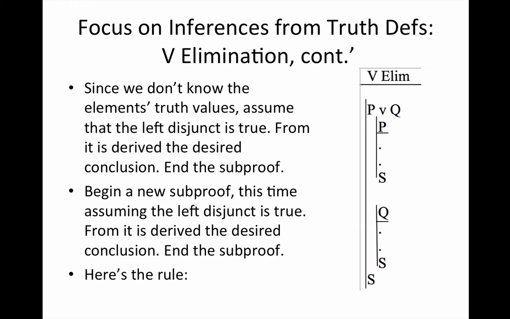Since we don't know which of the three ways the disjunction is true, we go ahead and assume the left side of the disjunction, derive the desired conclusion, exit that subproof, begin a new subproof immediately after, this time assuming the right side of the disjunction is true, derive from that side of the disjunction the same desired conclusion, so that you can get out of that second subproof and assert the following.